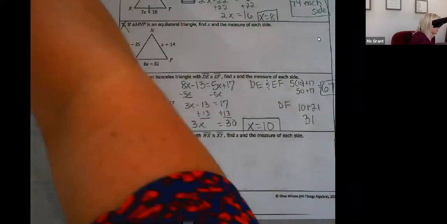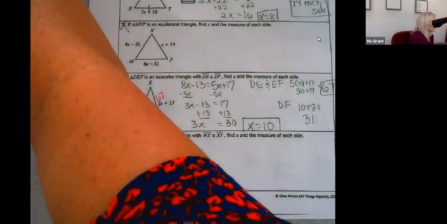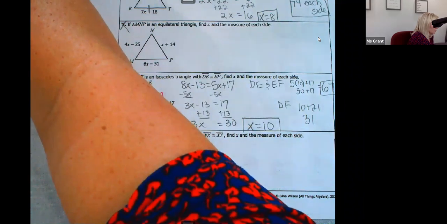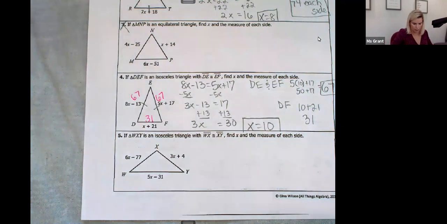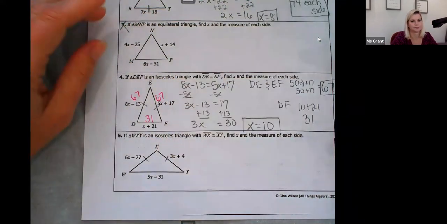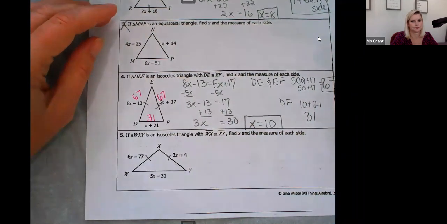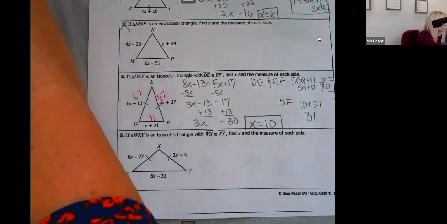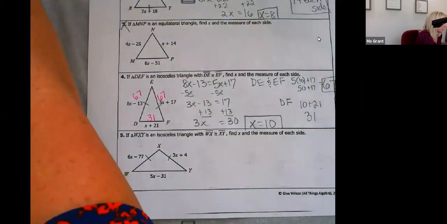Okay. Last one. The isosceles triangle means that these two sides are the same size. So go ahead and set them equal to each other and solve for x.